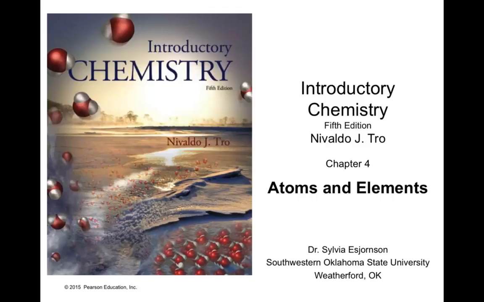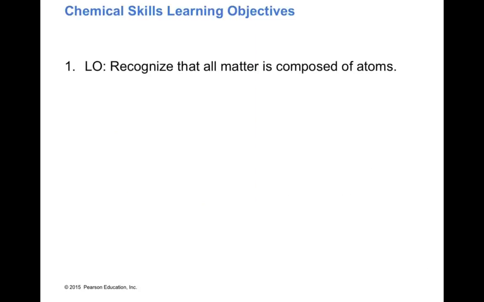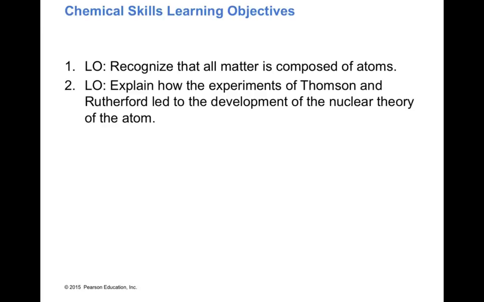During this module, we'll be discussing chapter number 4, Atoms and Elements. By the end of this chapter, you will be able to recognize that all matter is composed of atoms. You'll be able to explain how the experiments of Thomson and Rutherford led to the development of the nuclear theory of the atom.